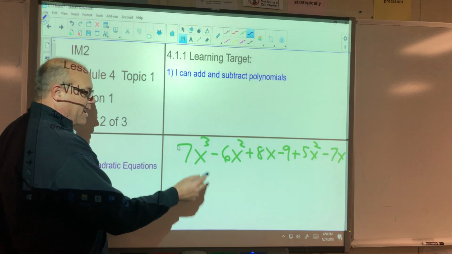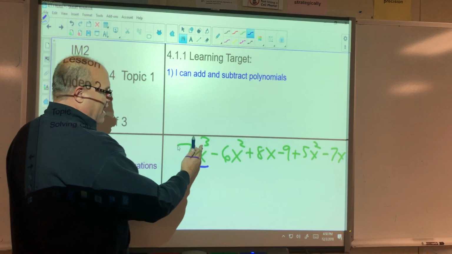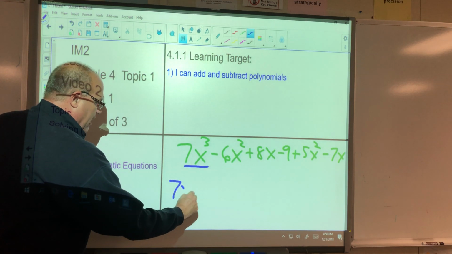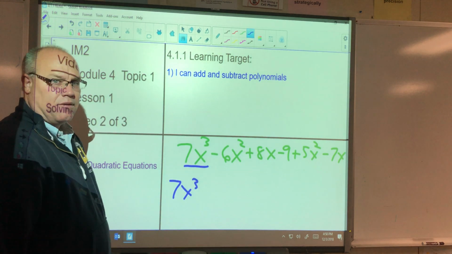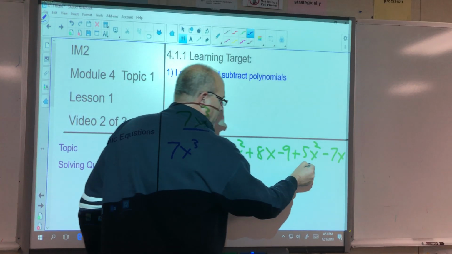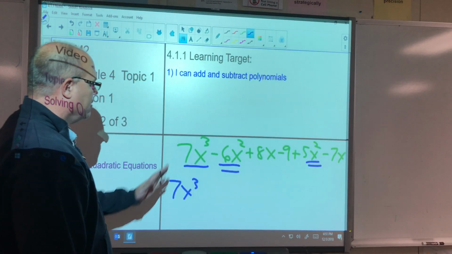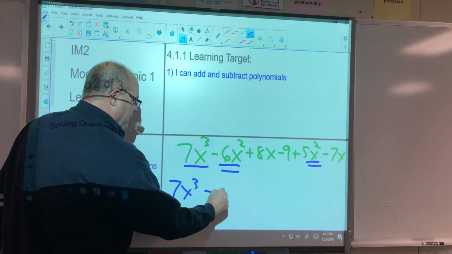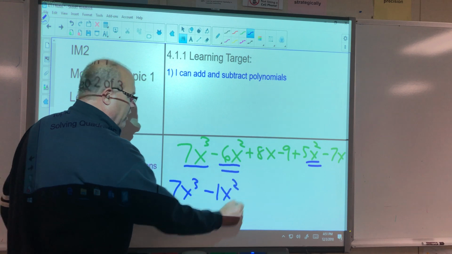So I want to combine all my x cubes together. I have x cubed here, no other term with x cubed, so I'm just going to write 7x cubed. Then I'm going to look to combine my x squareds. I have two terms that have x squared. So negative 6x squared plus 5x squared is negative 1x squared.